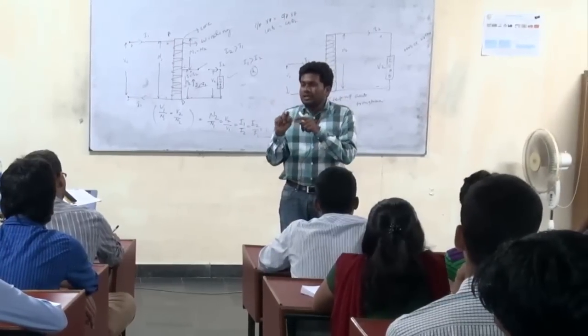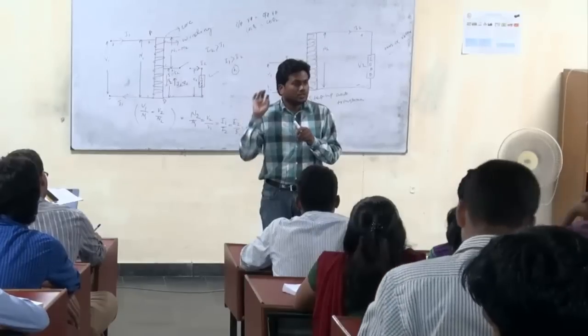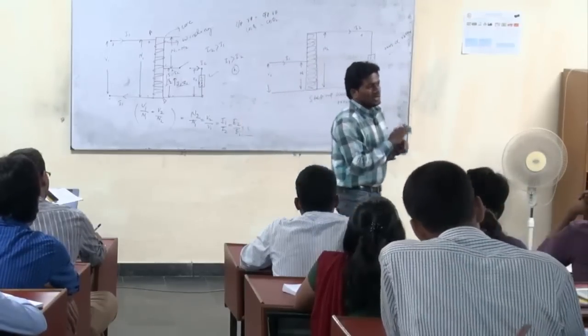So I1 equals K into I2. If K is less, then what will happen?